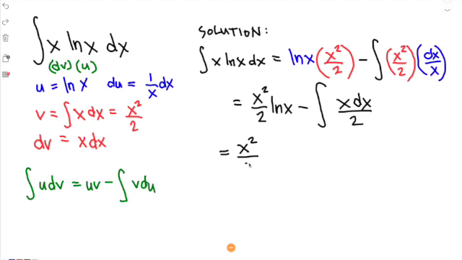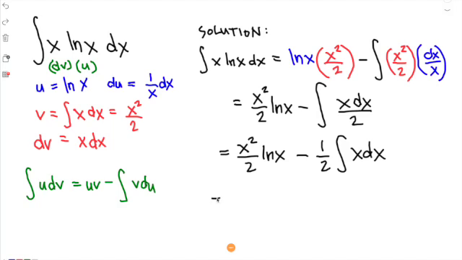We have x squared over 2 ln x. Still, this is u times v, minus, we just take out the constant 1/2 and we integrate x dx.